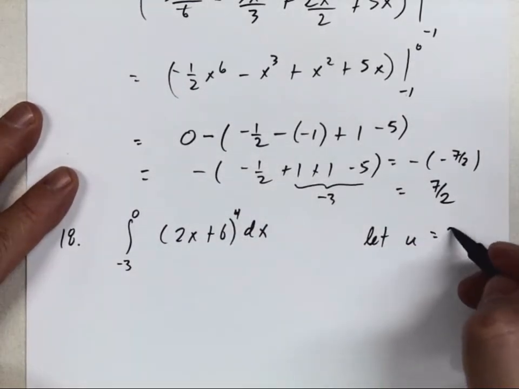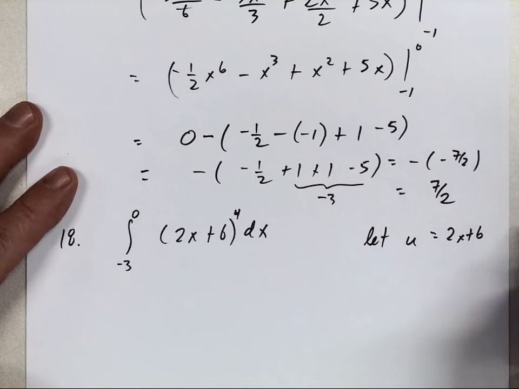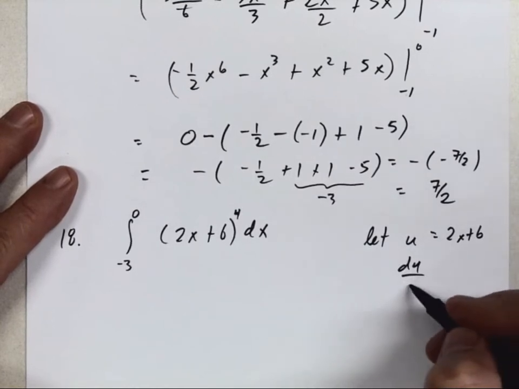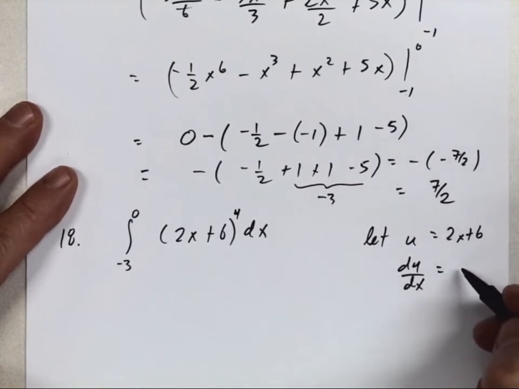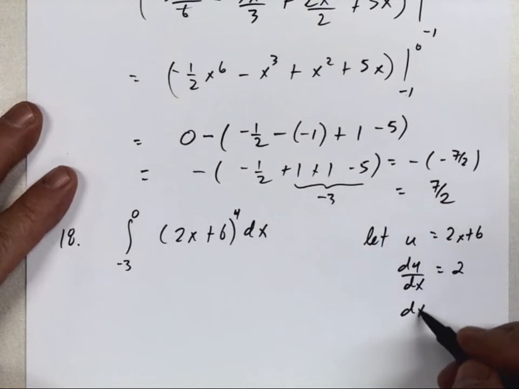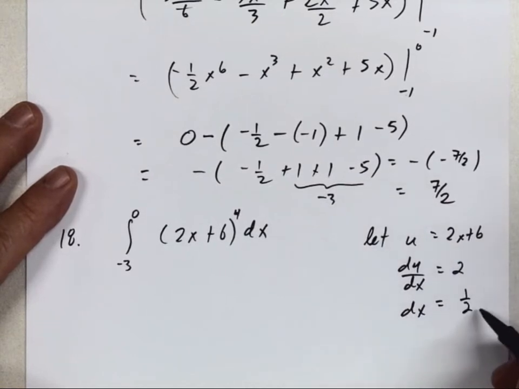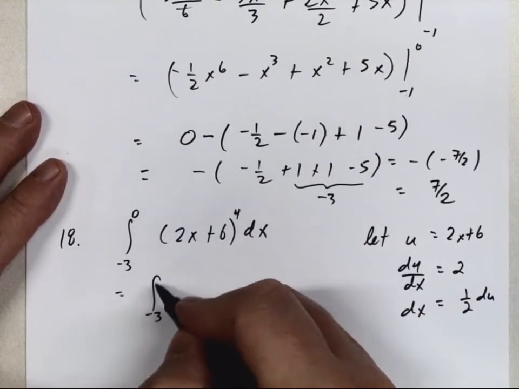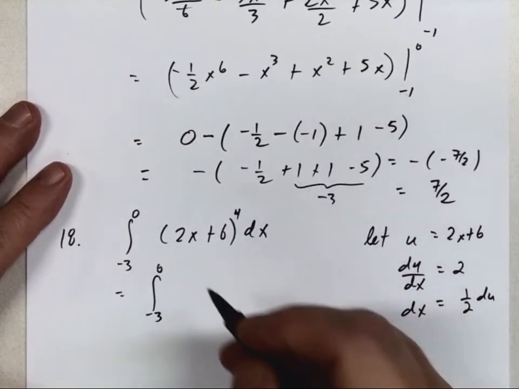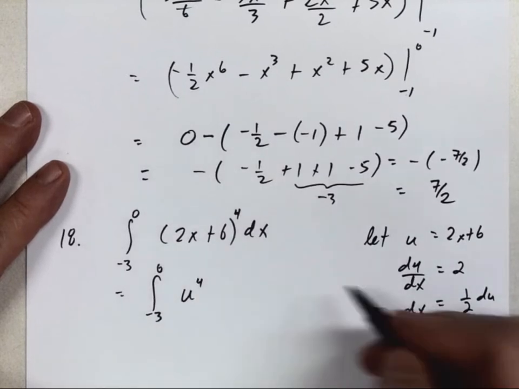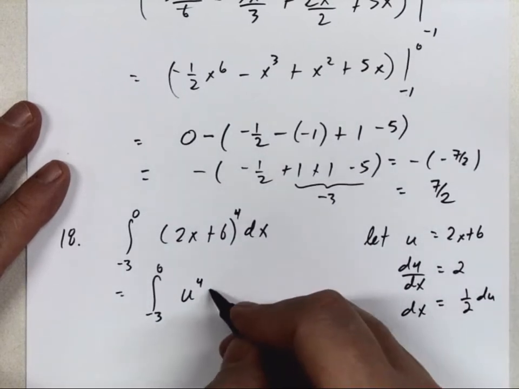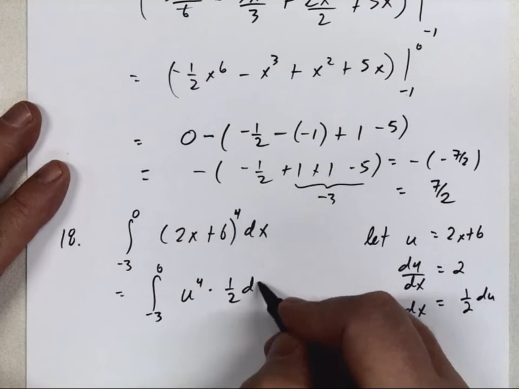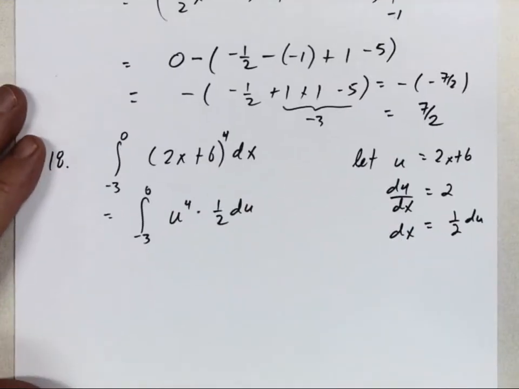So let's let u be what is inside the parentheses. Then du dx would be just 2. So dx would be 1/2 du. So now the integral of 2x plus 6 to the 4th is u to the 4th times 1/2 du.